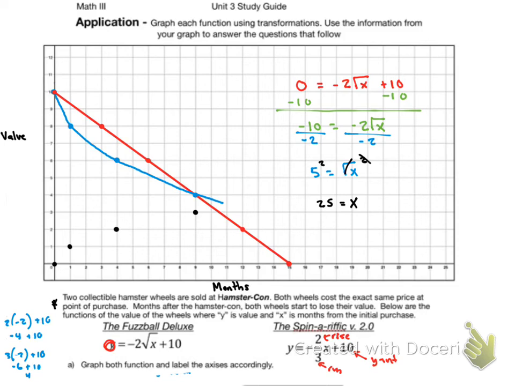So when we plug in 25, we know we're going to get 0. And 25, it looks like it's over here, but we can double check that too. So if we plug in 25 into our equation here, the square root of 25 is 5. 5 times -2 is -10. -10 plus 10 is 0.